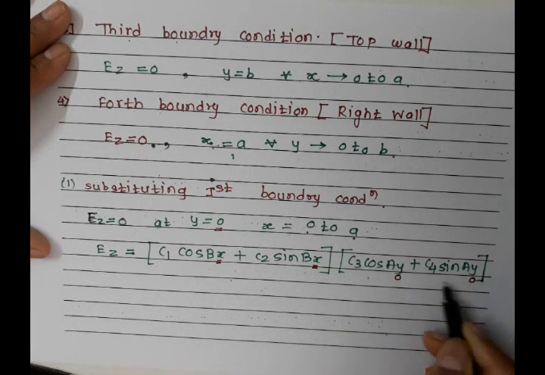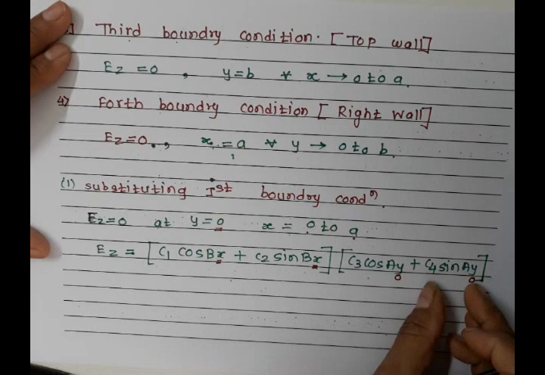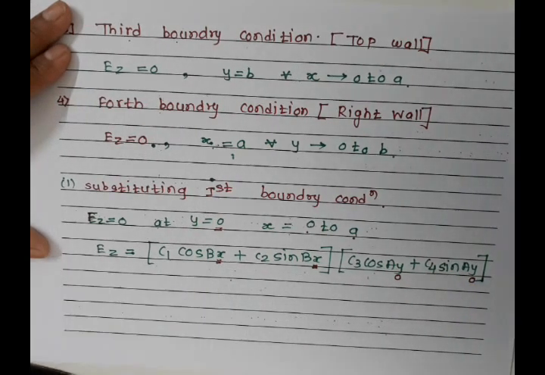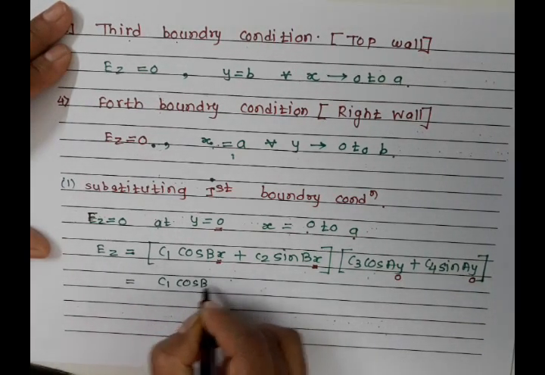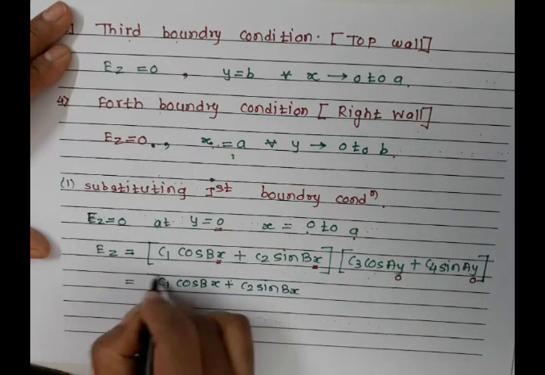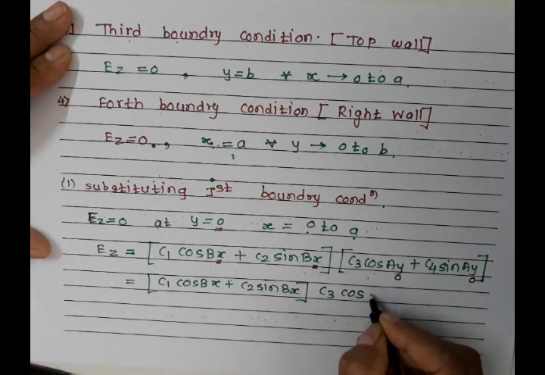Sin of 0 will be 0, so this complete term will be 0. Cos of 0 is 1. So I can again write this particular equation like this: c1 cos bx plus c2 sin bx into c3 cos of ay.